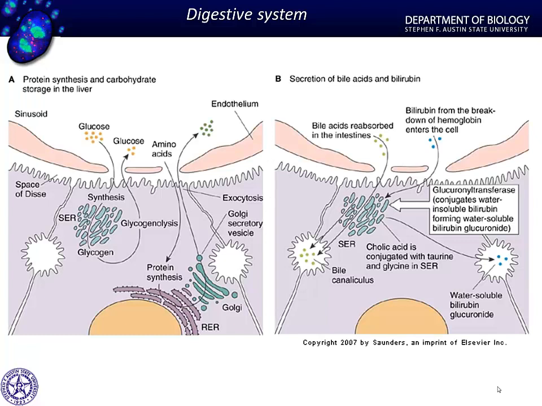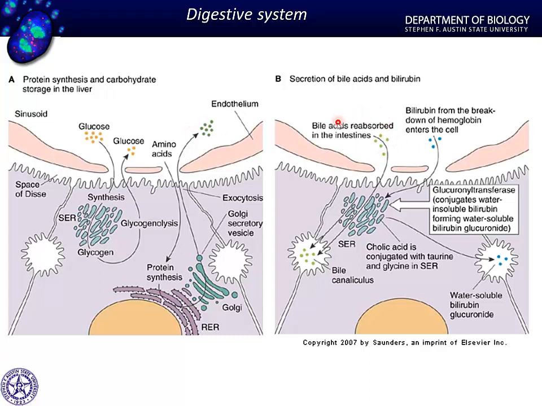So here's just a diagram of some of the functions of the liver. Here we can see glucose function. We can synthesize glucose, or we can break glucose down from glycogen by glycogenolysis, and that's going to release the glucose back into our system. Amino acids can be brought in to undergo protein synthesis for all of those different components we talked about: albumin, fibrinogen, angiotensinogen.